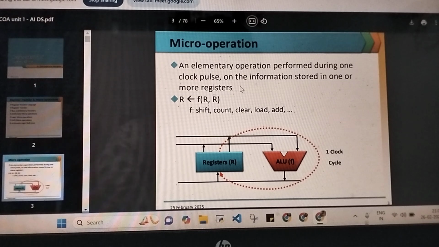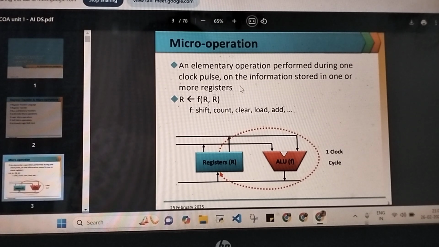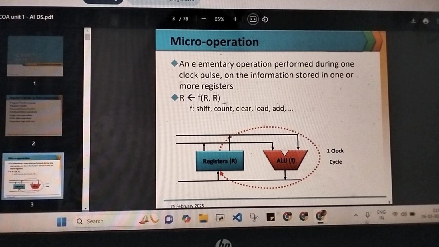You go to the location A and you fetch that number, you go to the location B and you fetch that number, you add both numbers, you take the sum, you go to the location C and put it there. So for that one line of code which we write, there are 5 to 6 sub steps. A micro operation refers to any of these sub steps, a step which cannot be divided any further, a step which is accomplished within one clock cycle.